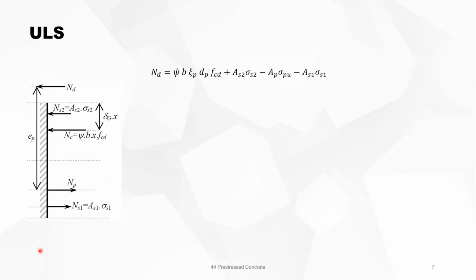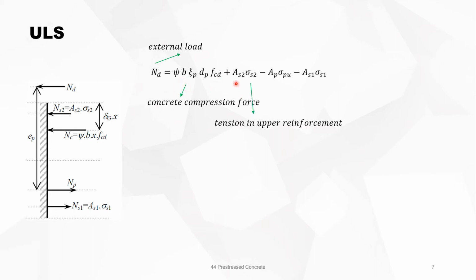And then we always apply the same system. Transverse equilibrium: the external force ND must be equal to the concrete compression force plus the compression in the upper reinforcement, plus the tension in the tendons, minus the tension in the lower reinforcement.